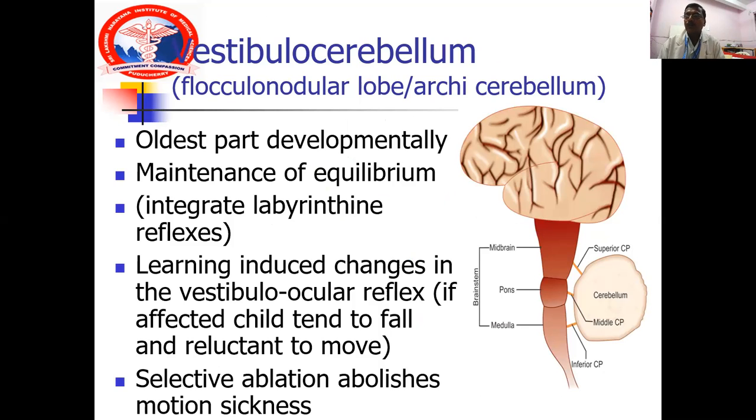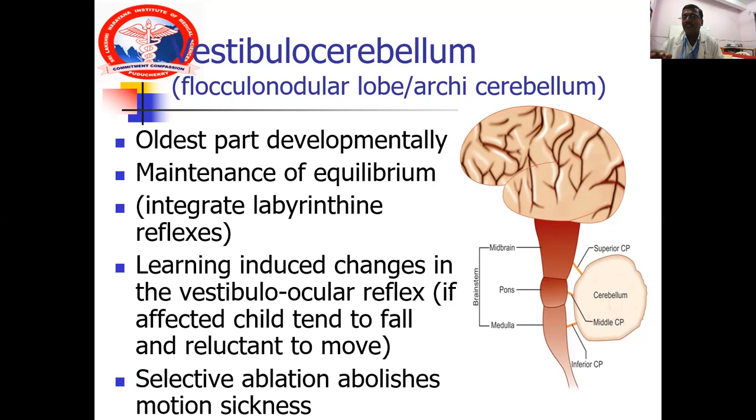Vestibulocerebellum or flocculonodular lobe, also known as archicerebellum. It is the oldest part developmentally, and it is responsible for the maintenance of equilibrium and integrating labyrinthine reflexes.